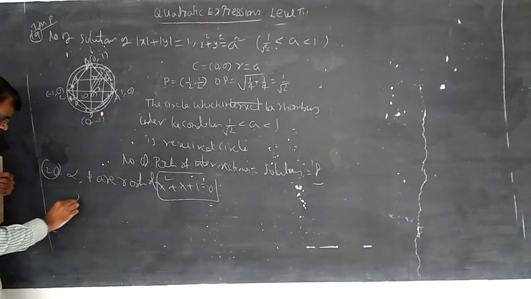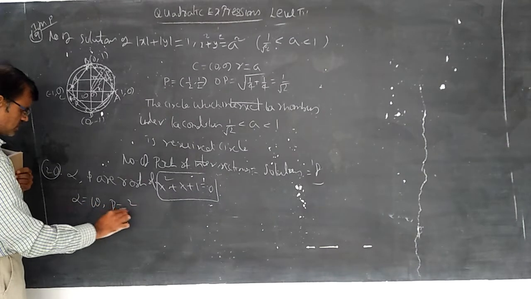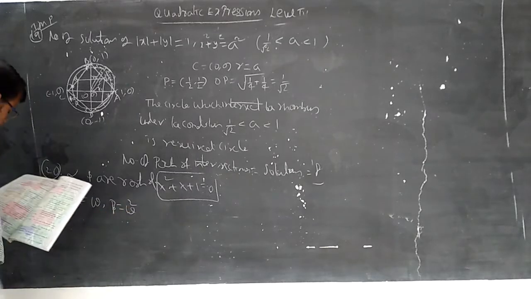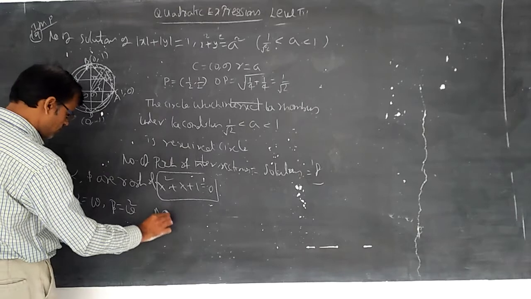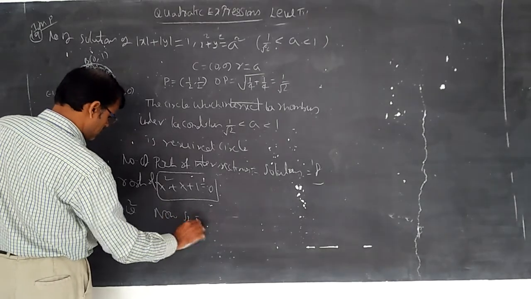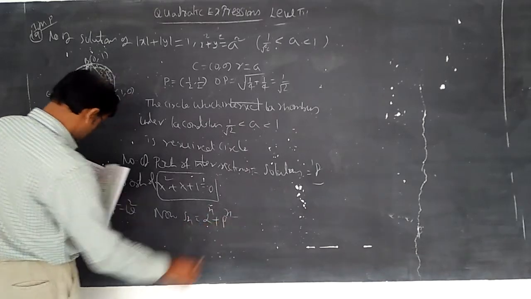So it is nothing but alpha is equal to omega and beta is equal to omega square. Now Sn is equal to alpha power n plus beta power n.